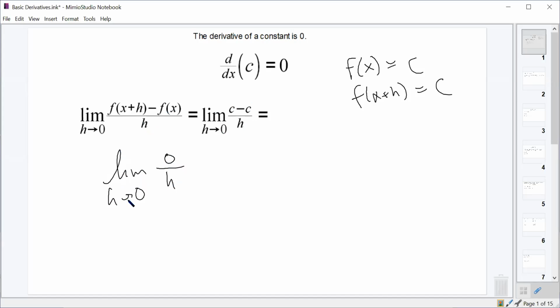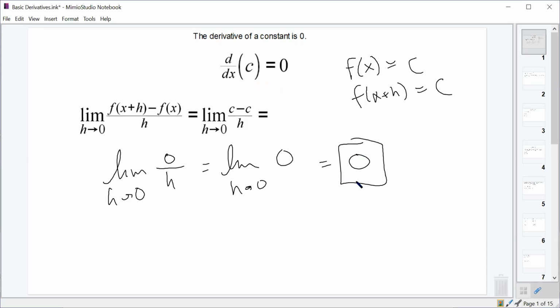And if h is approaching 0, is h ever equal to 0? No. So this can just be the limit as h approaches 0, and way back when we first started talking about limits, the limit of a constant is a constant. So the derivative of a constant is 0 because of how it works out when we do this limit.